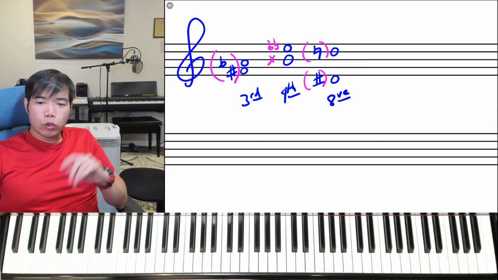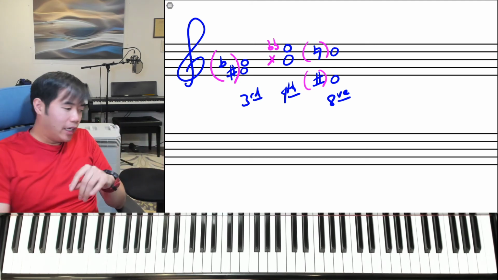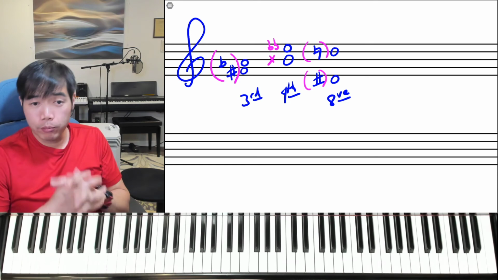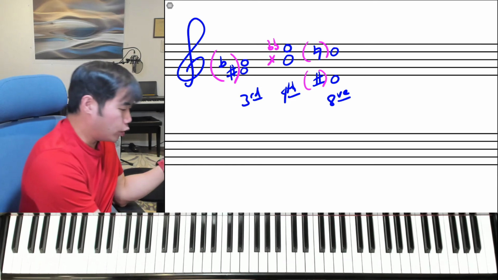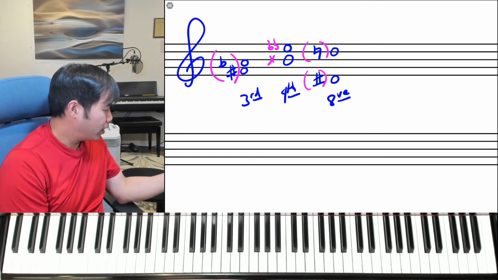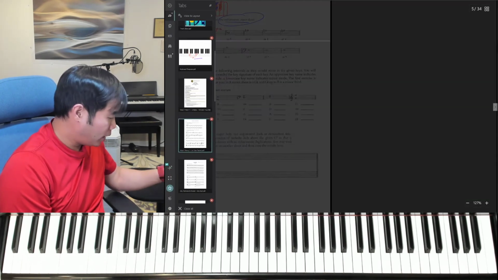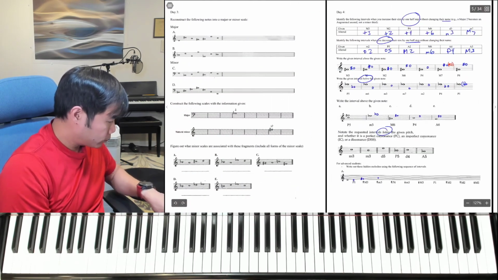So hopefully this quick video is clear and helps you to understand how to determine intervallic numbers. Okay, so when you're doing your assignments, this is step one. This is always step one. Let me pull an example here from what you might see from one of your packets.